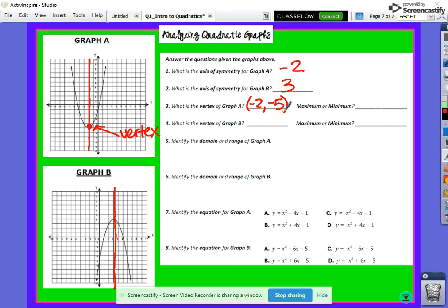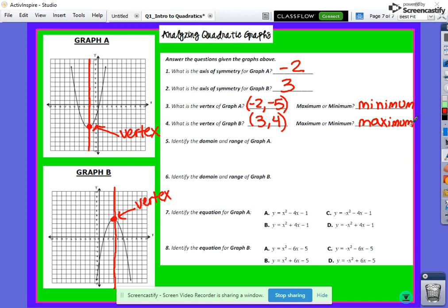Now we will find the vertex for graph B and do the same. Since graph B opens downward, the vertex point is a maximum because it is the top of the parabola.